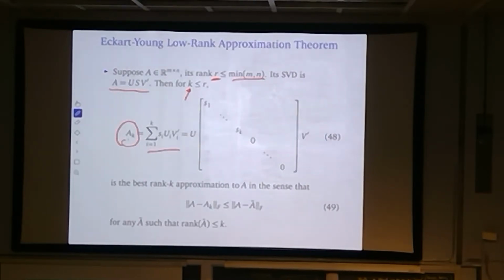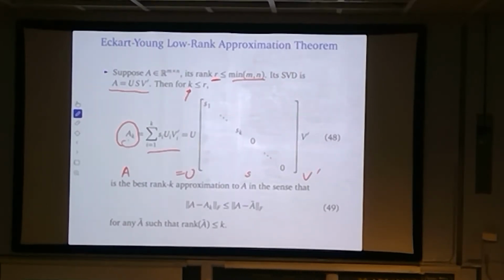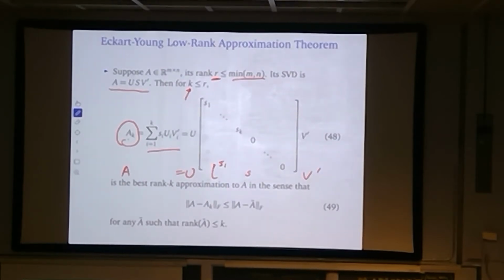Essentially, A itself is U S V transpose, where S is S1 through S_k, S_{k+1} through S_R, and then 0 all the way. What this says is the best rank k approximation to A is obtained if you just knock out every singular value on this diagonal beyond k, okay? That's what it is. This is very intuitive.